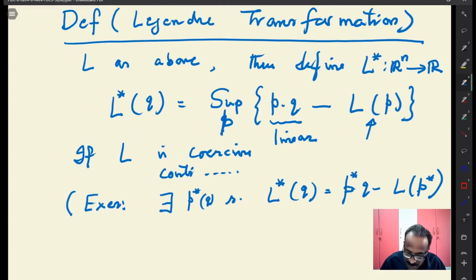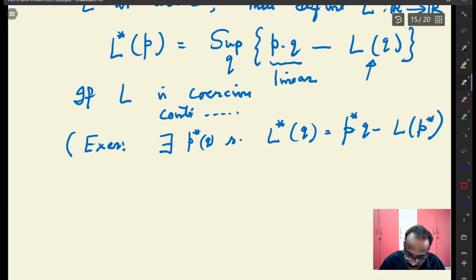Yeah, sorry, I made a mistake here. Because for L I am using the dual variable. So let me use the P variable here, and this is the Q variable here. So for L we are using Q. It's the same thing, but I want to use the variable. So in this case, I use Q star.